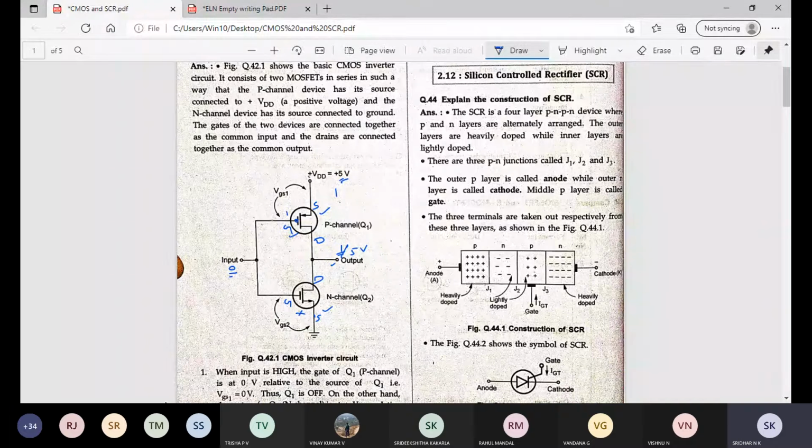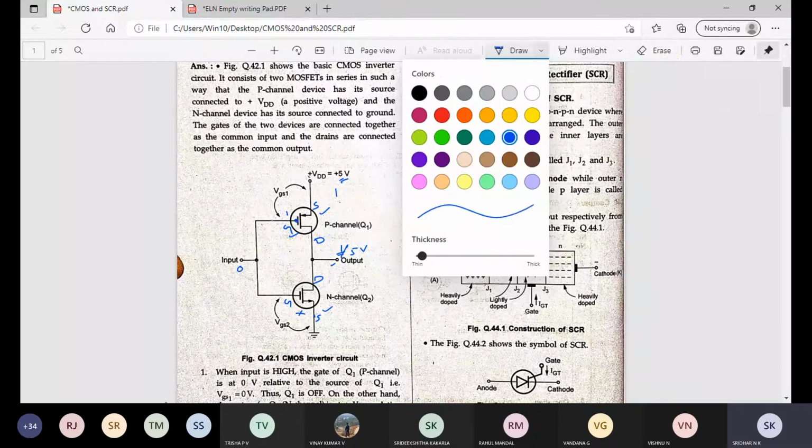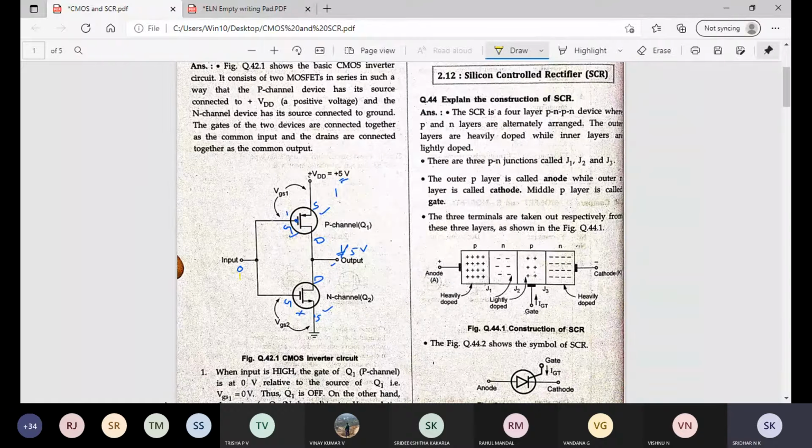If I give input as 1, what happens? This was for 0. If I give input as 1, the gate of the PMOS will be open and the gate of the NMOS will be closed. Because of this, the ground will come out to the output.